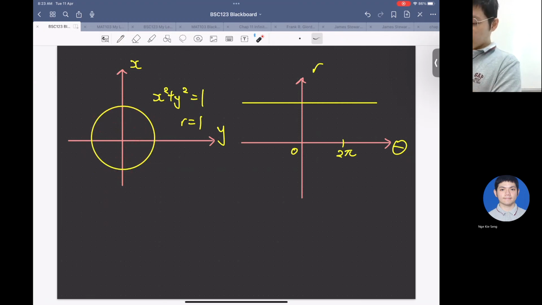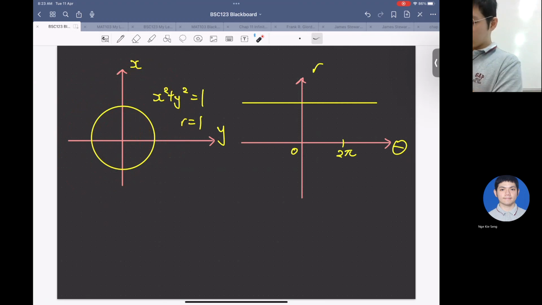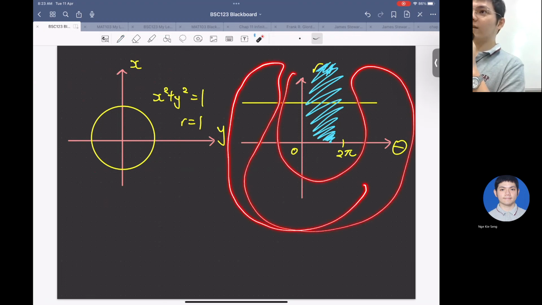If you imagine our xy plane getting filled with circles of different radius, we really just need this part of the line to fill the whole xy plane. So you can see that we get so many excess points in this plane when we want to describe the xy plane in our r theta plane. Make sense or not?